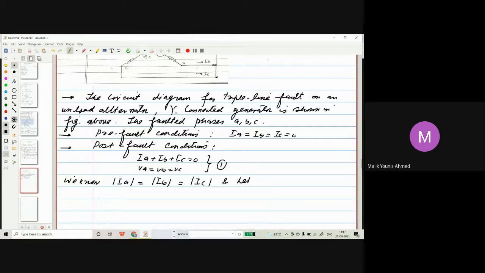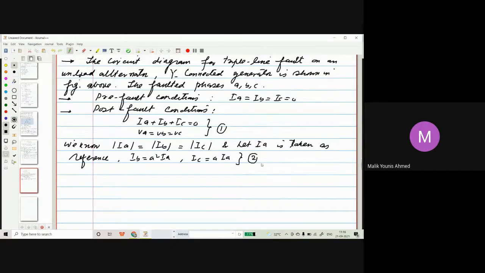Let us say IA is taken as reference. If IA is taken as reference, then we know IB will be A square IA and IC will be A IA. Let's call this the second set.